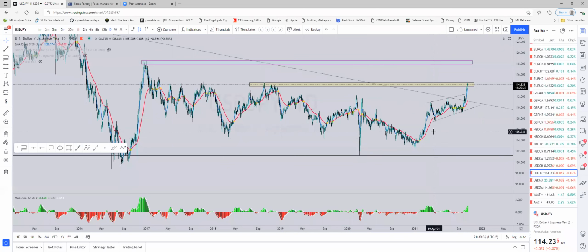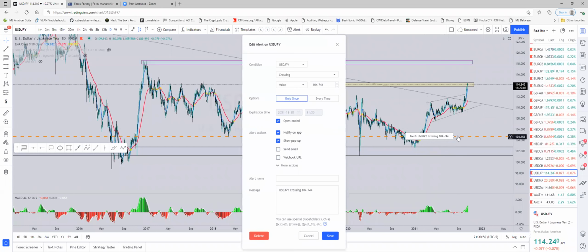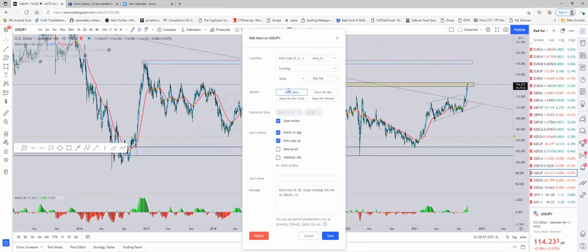So if you want to set an alert, you can do it multiple ways. You can literally click over here, or up here. It doesn't matter where you click, or click on the EMA itself. Anyways, add alert. Change the first condition to EMA cross. Change the second condition to EMA cross as well.